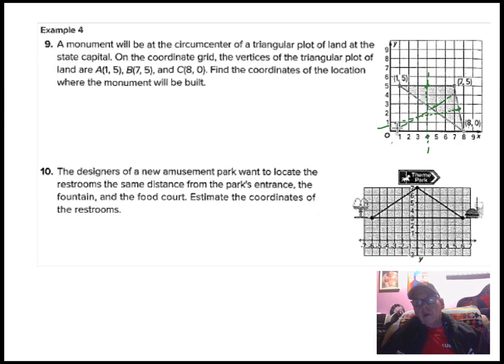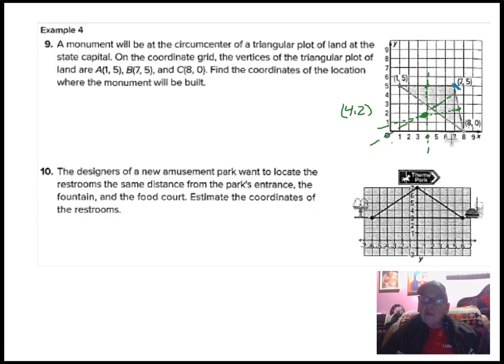And we want to find the intersection. It looks like that would be the intersection. So it kind of looks like 4, 2 is the coordinate of the point that's equidistant from those. Let's try to sketch a circle that goes through those.